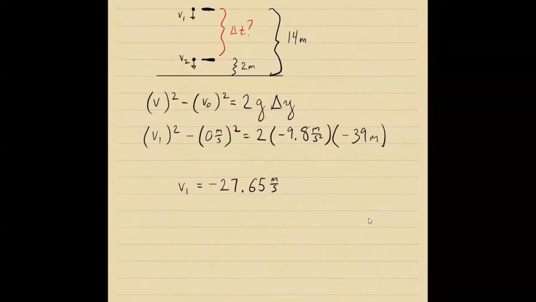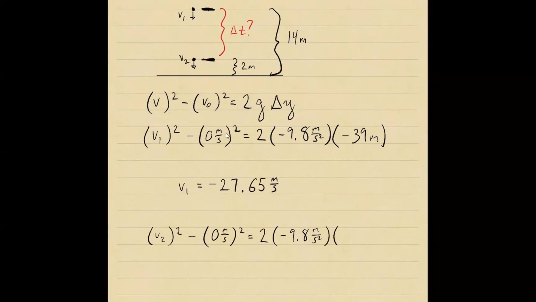So we have V2 squared minus the initial velocity squared. But the initial velocity squared is still 0. It's equal to 2 times the acceleration due to gravity, times the displacement for V2.